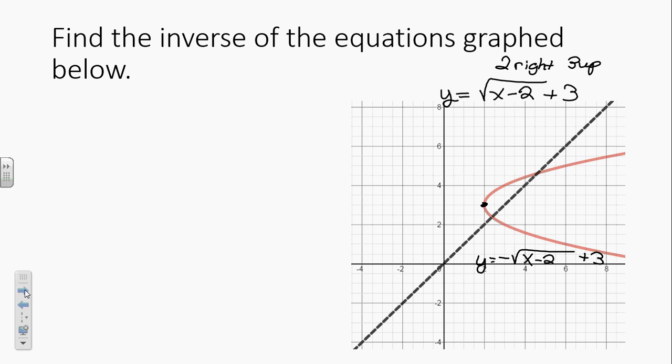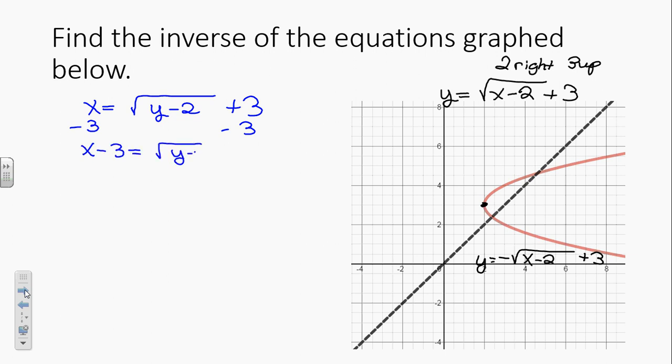So it will now be x equals square root of y minus 2 plus 3. So far, so good? What's the next step of finding an inverse? Bring the 3 over, solve for y. Get the y by itself, so we have to take away a 3 from both sides. x minus 3 equals square root of y minus 2.